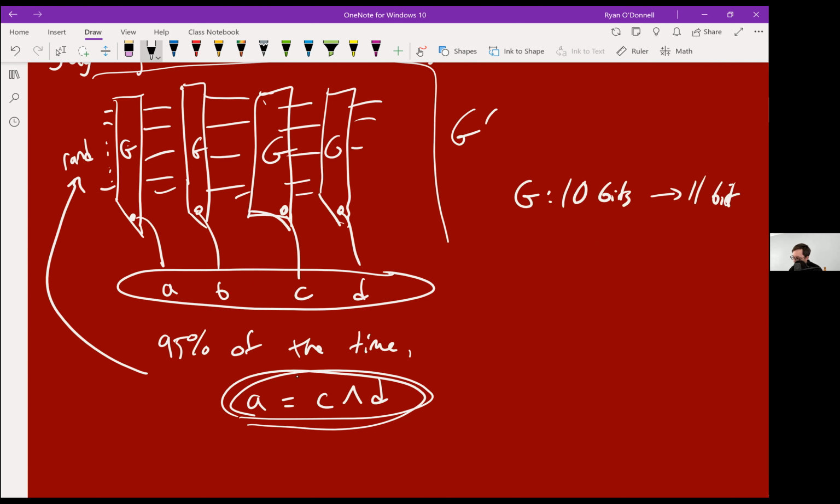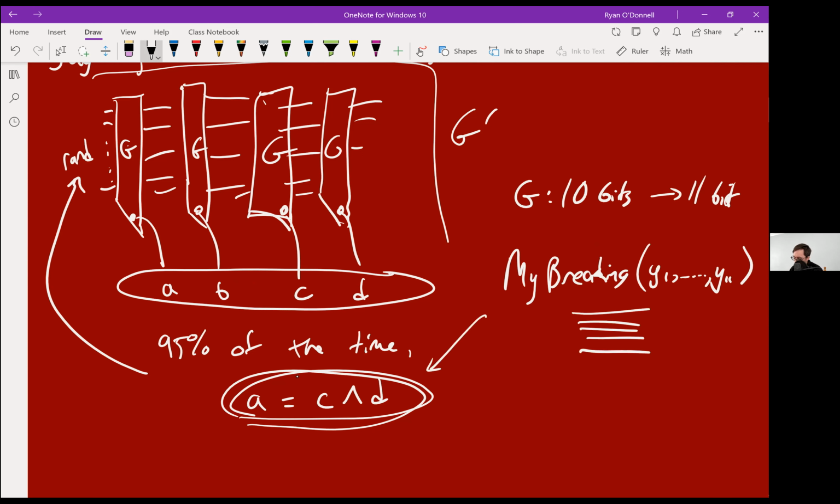You want my breaking algorithm, which gets in 11 bits, y1 through y11, and is supposed to guess: are these just 11 random bits, or are they actually the output of G on 10 random bits? What code could you write, exploiting this weird security flaw, that would directly guess whether these were 11 random bits or the output of G?